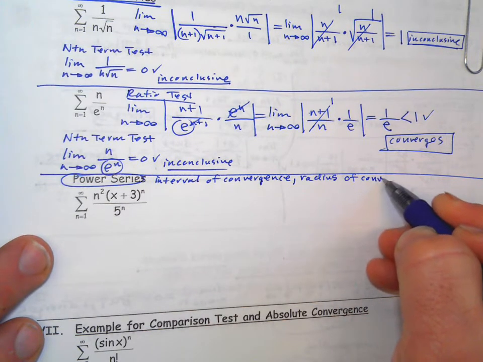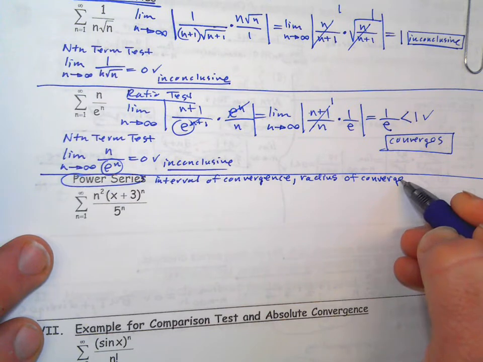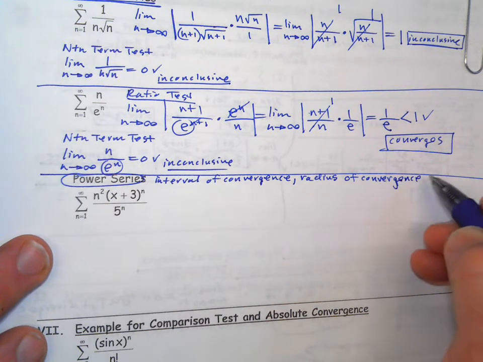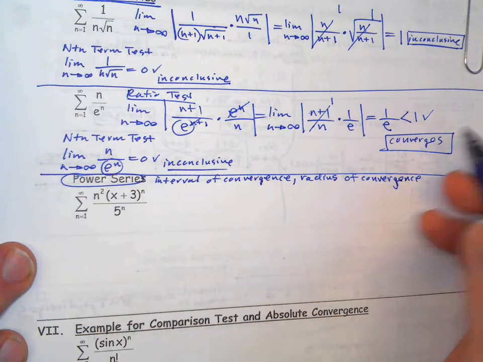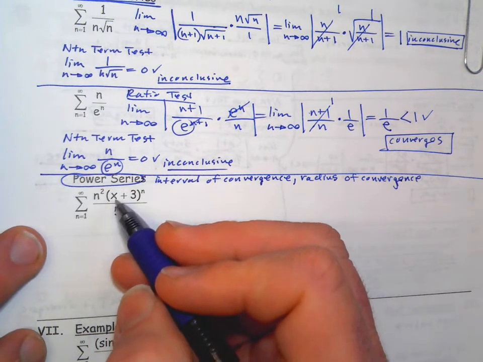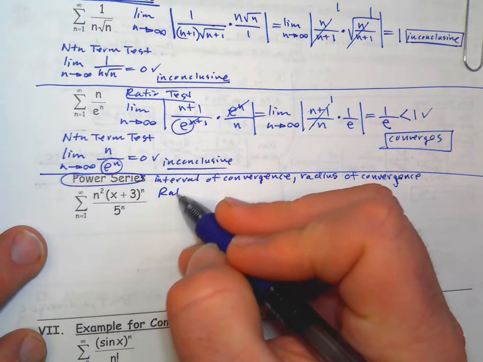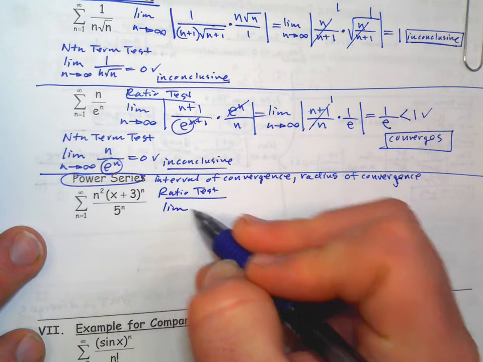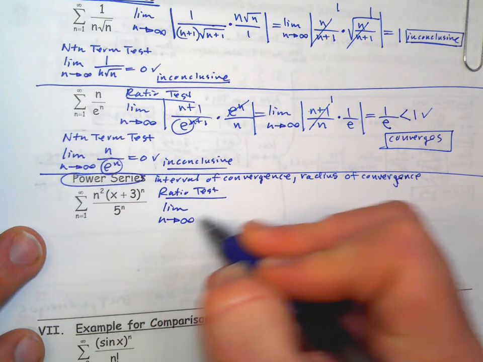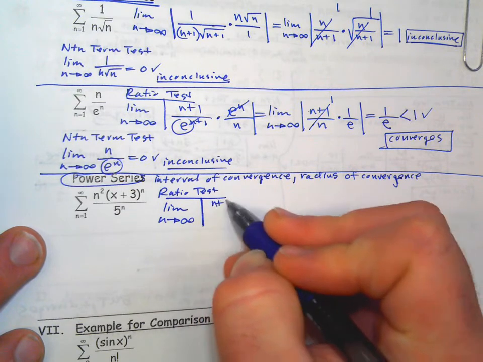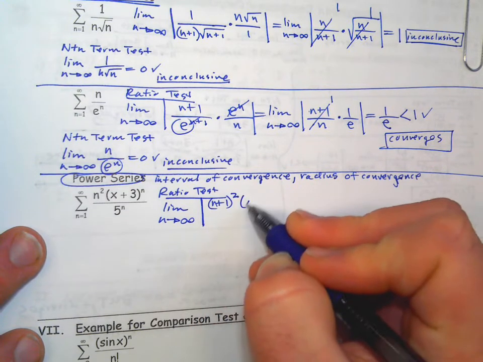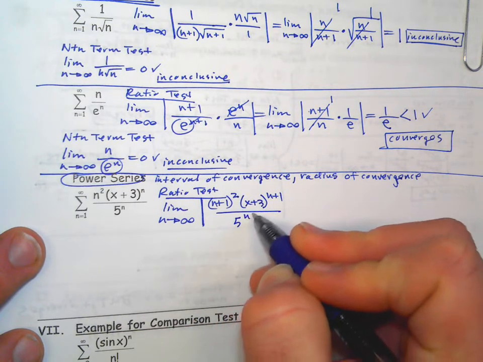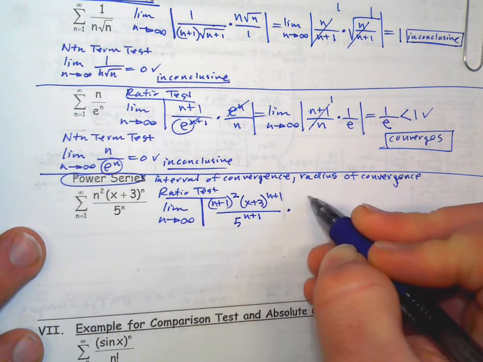Now, we could try the nth term test, but it's unlikely that's going to give you any information because it really probably depends on what the value of x is. So we're usually going to jump straight into the ratio test for power series. So we can take the limit as n goes to infinity, absolute value of n plus 1 squared times x plus 3 to the n plus 1 over 5 to the n plus 1, divided by the previous term, multiplied by the reciprocal.